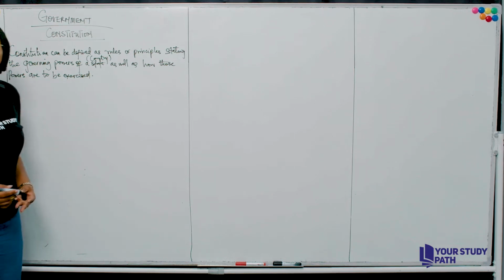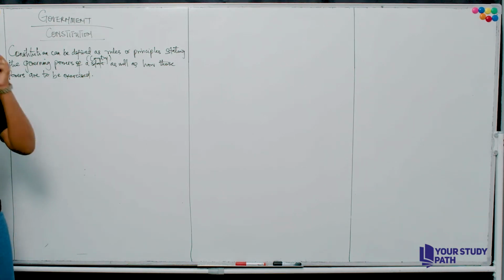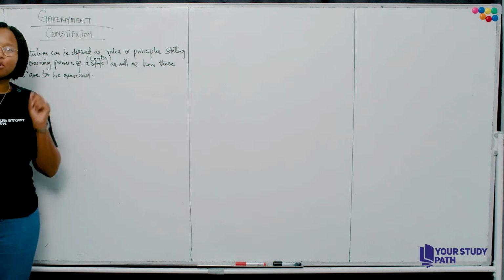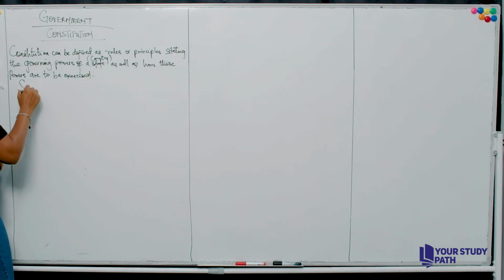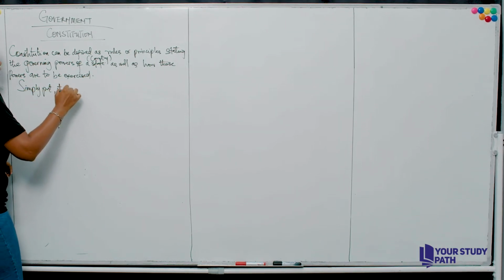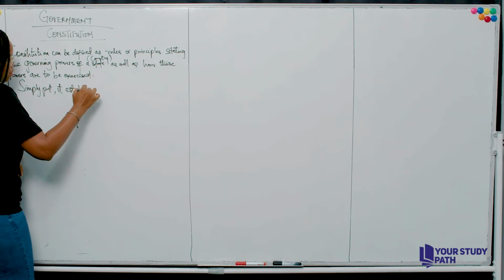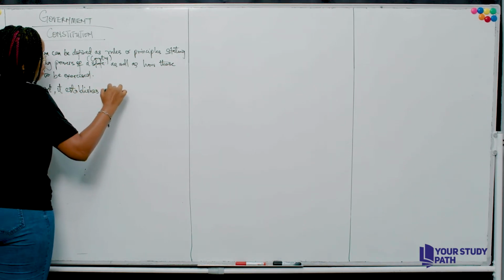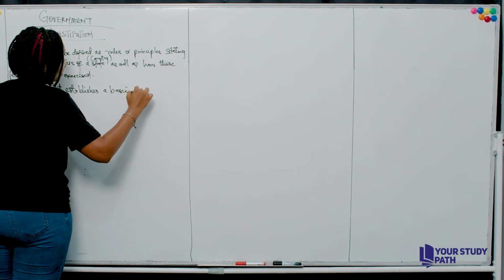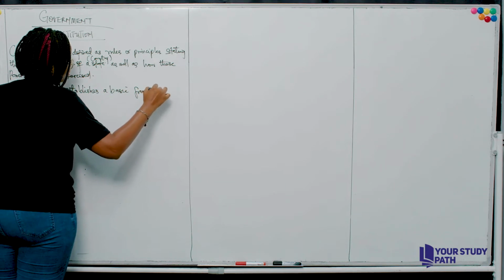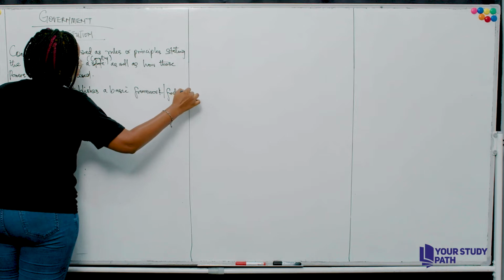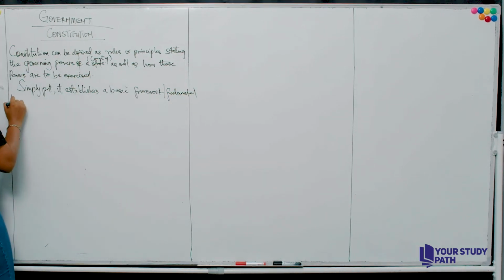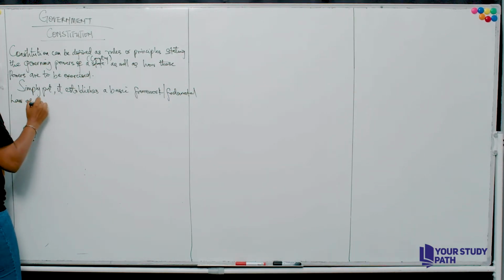Simply put, we can say that the constitution is a basic framework or fundamental law of the land. So we can say, simply put, it establishes a basic framework or fundamental law of the land.